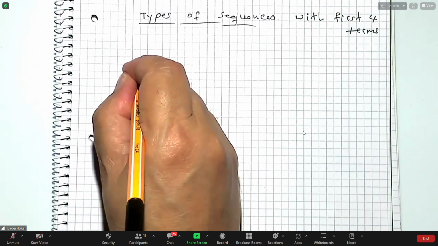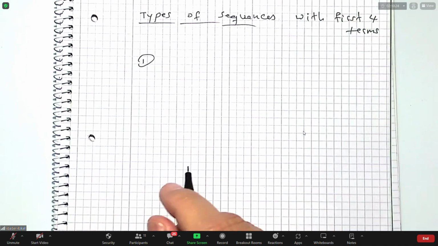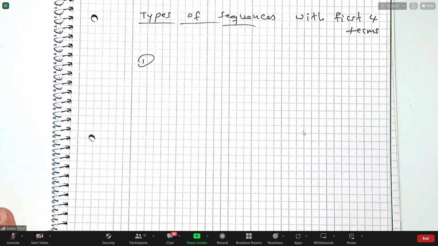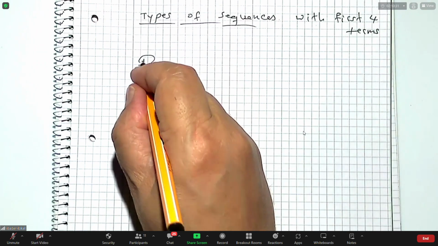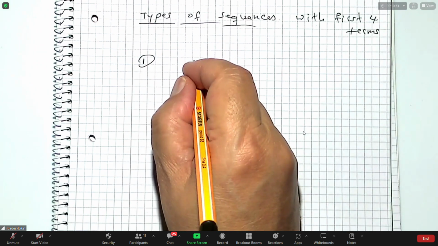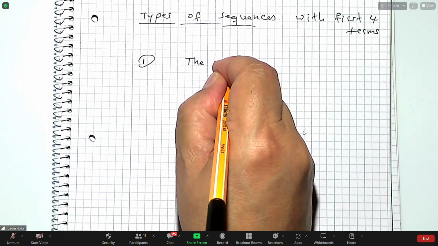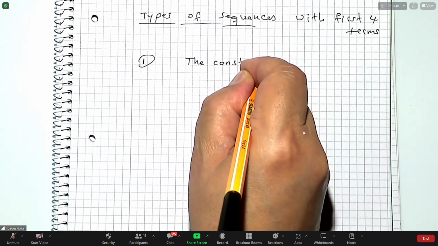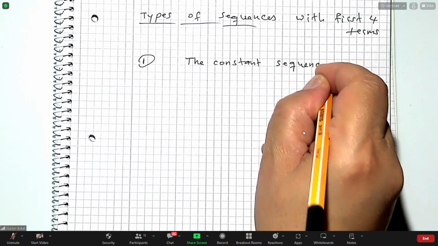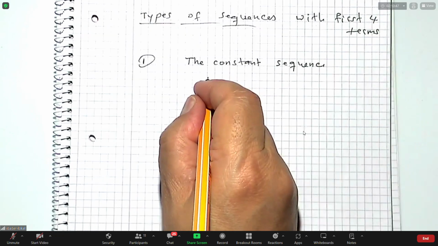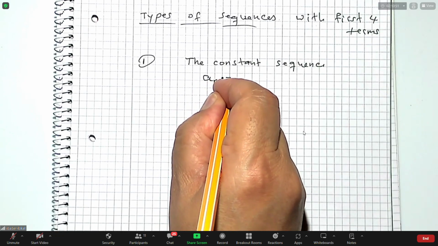Okay, so let's start with the first type, where as I told you, I don't know whether this is used in the English literature, but in German it's used very often, the constant sequence. So for instance, here we will define it as A sub n, the general term, then colon equal.